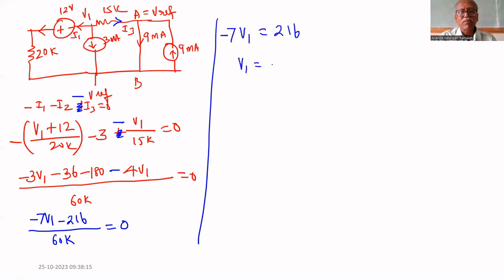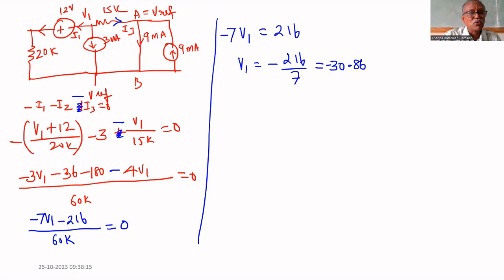Therefore, V1 equal to minus 216 divided by 7, equal to how much? 30.85. Next decimal place? 86. V1 is 30.86.